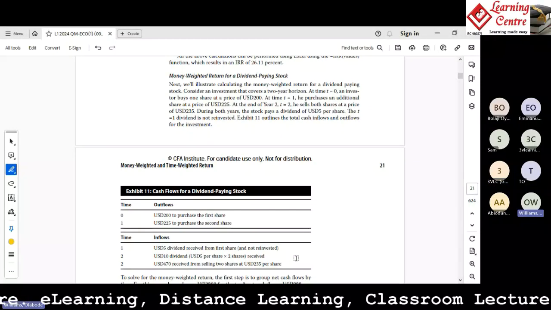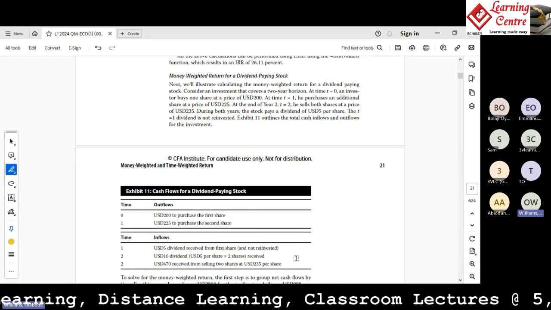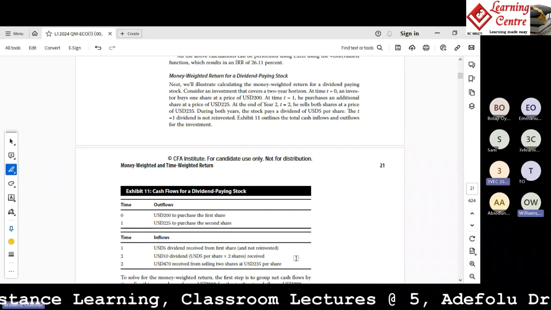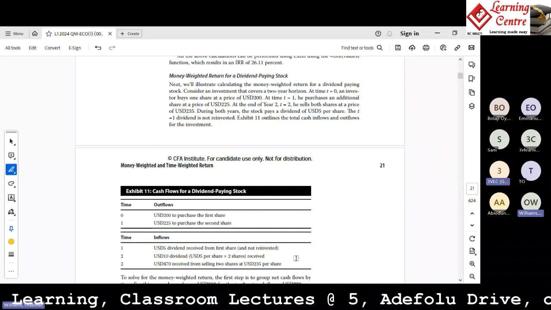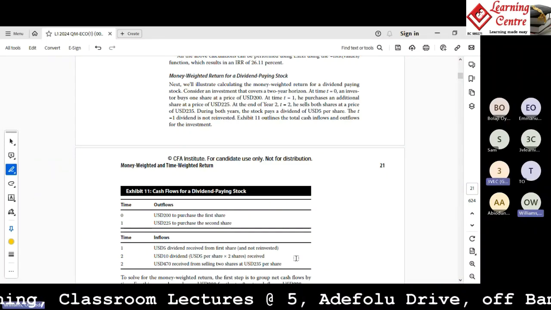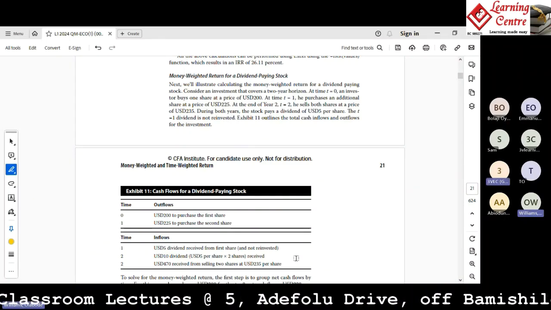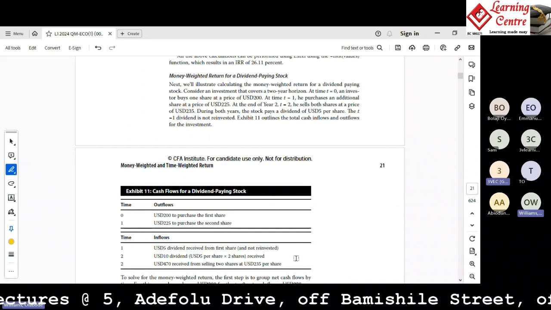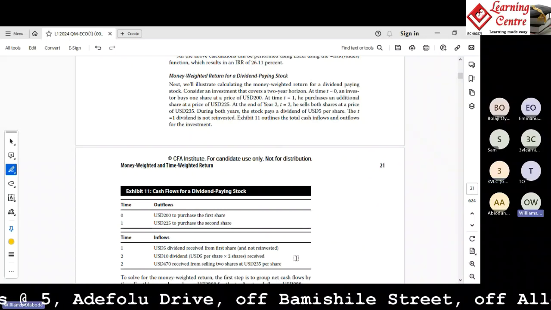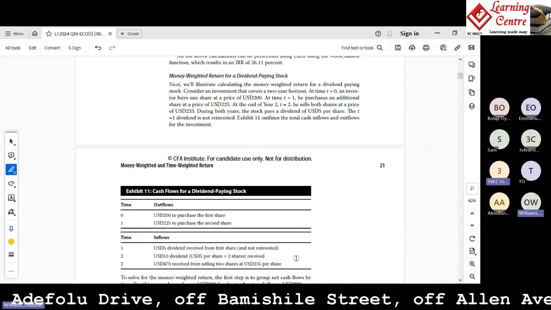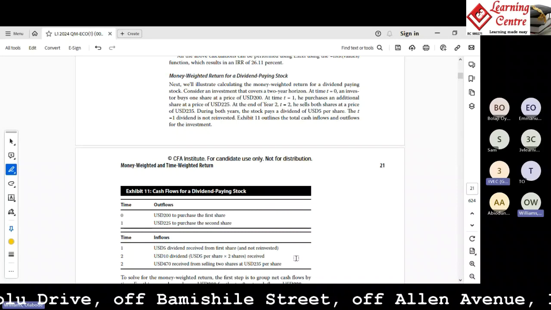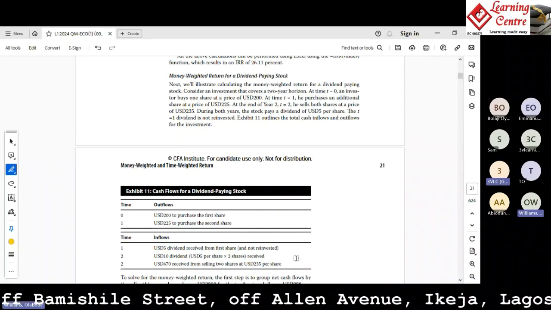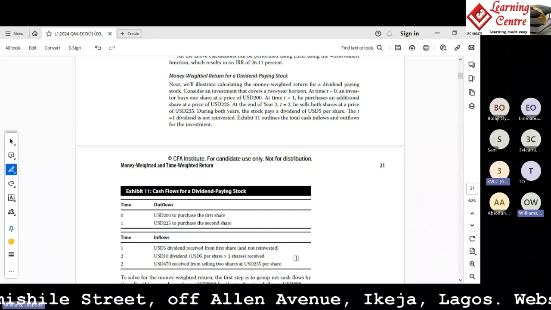In T2, you also got another dividend, which is paid to you. But remember that you now have 2 units, and dividend is paid per unit. In the first year, you only have 1 unit of share, so your dividend is $5 for 1 unit. In year 2, because you purchased an additional unit at the beginning of the year, at the end of that period you will have 2 shares, and each share pays a dividend of $5, which means a total dividend for the second year of $10.